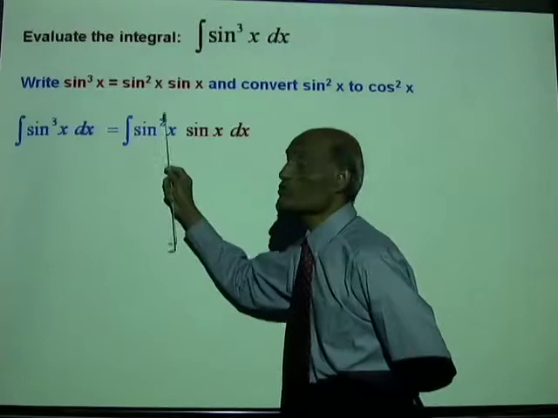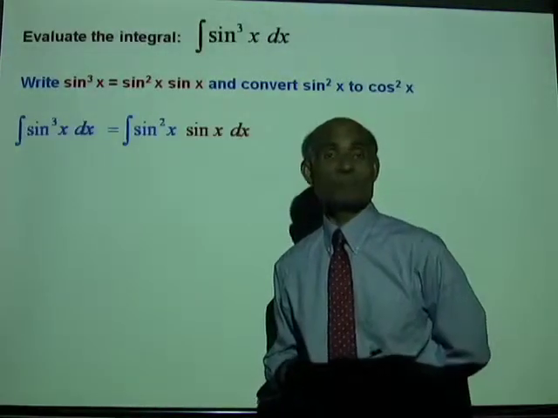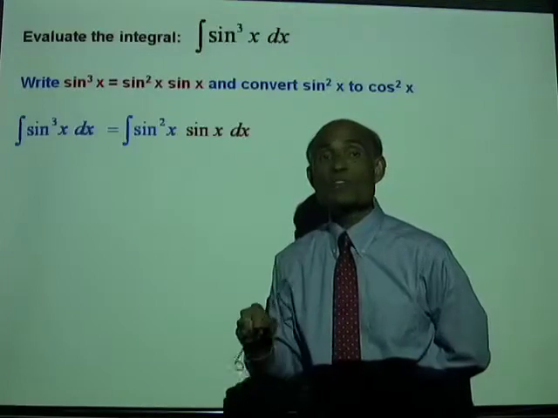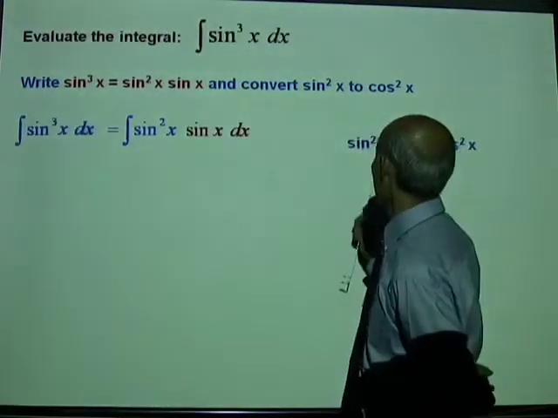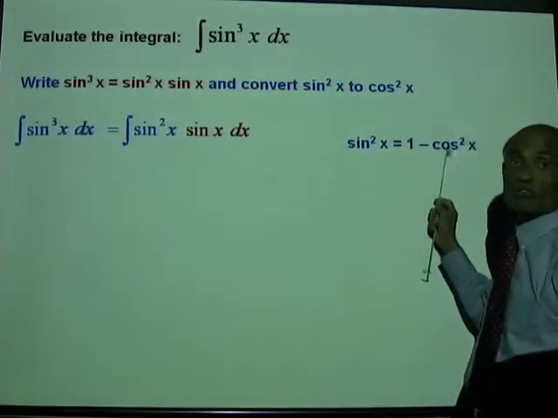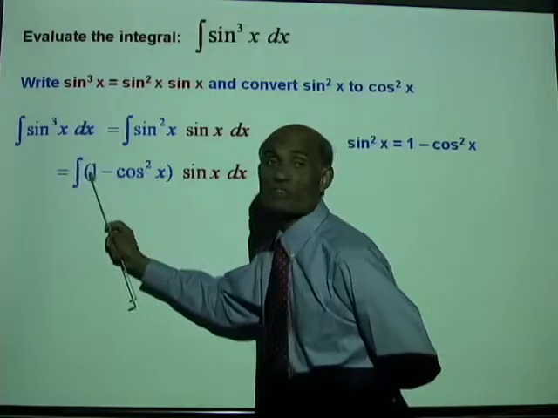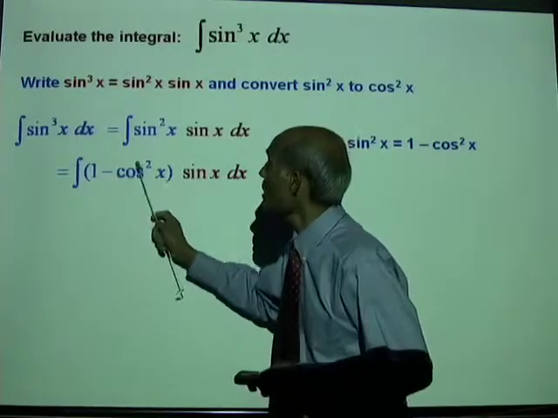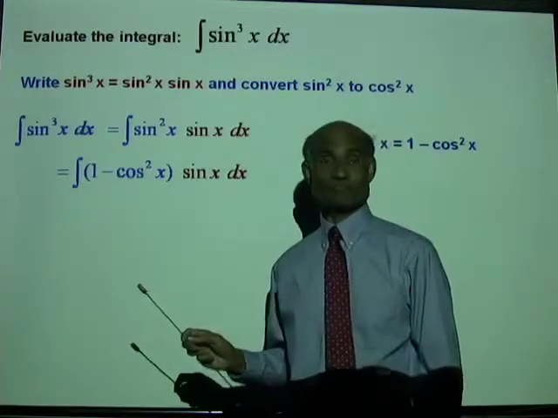And write sine squared x in terms of cos squared x. What does that become? Sine squared x is 1 minus cos squared x. So replace sine squared x by 1 minus cos squared x. That will be integral 1 minus cos squared x times sin x dx.